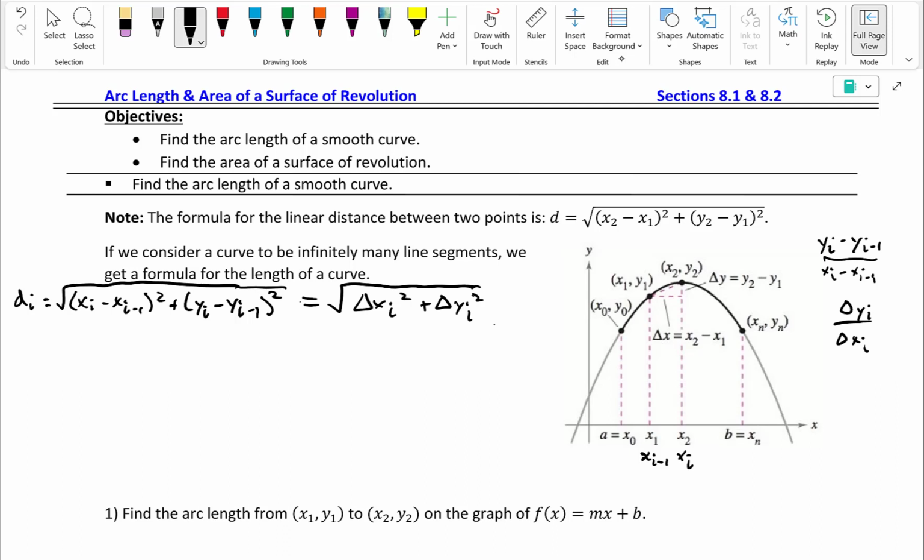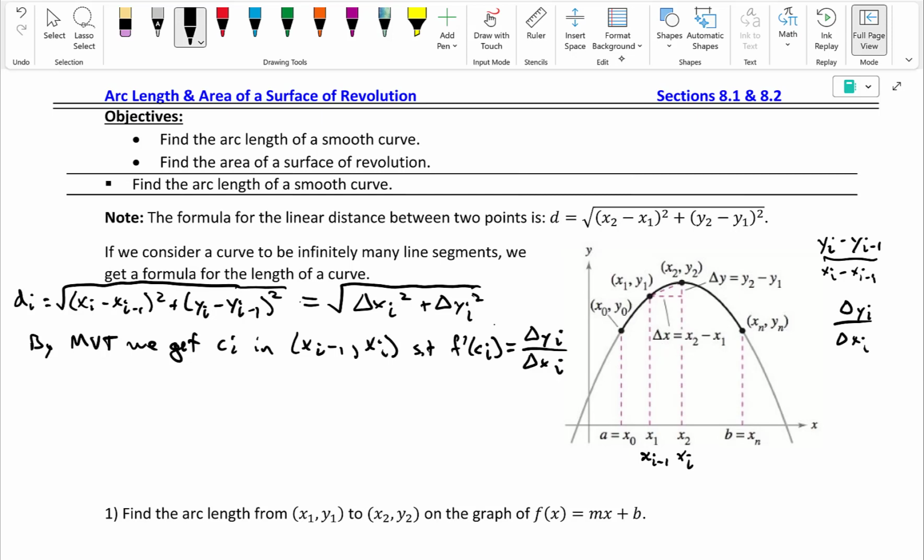And then we get something from our mean value theorem that brings in the calc and brings in a nice derivative, so we can get rid of those average rates of change. By the mean value theorem, we get some value c sub i in the interval x sub i minus 1 to x sub i such that f prime of c sub i is equal to delta y sub i over delta x sub i.